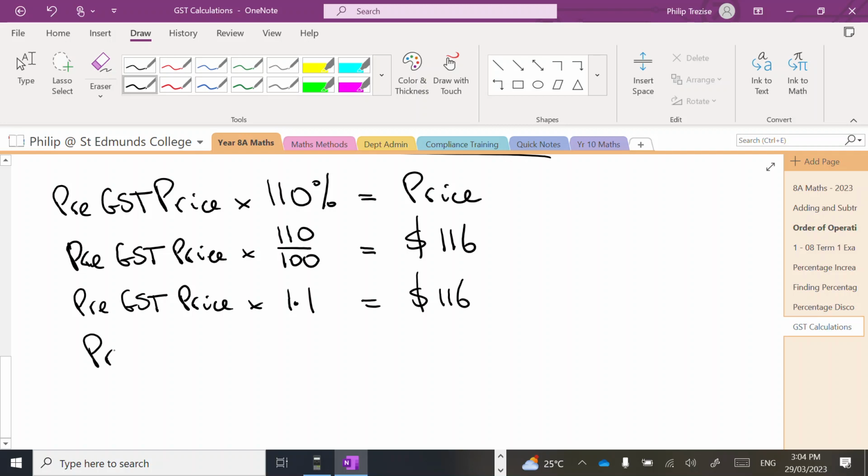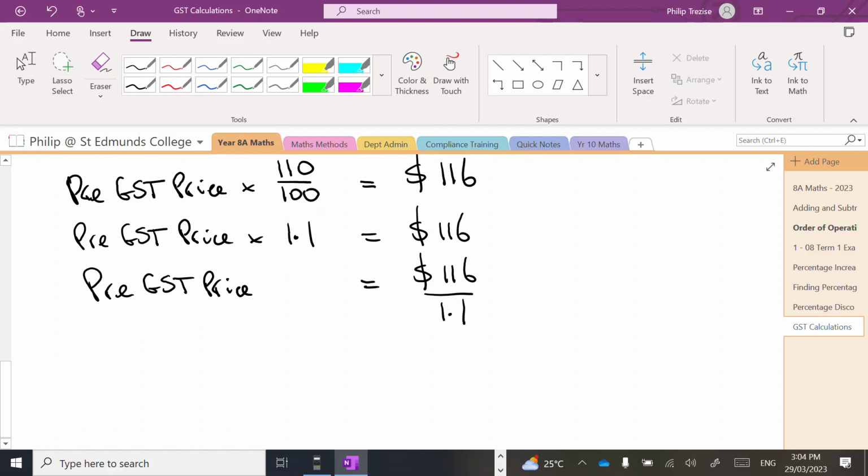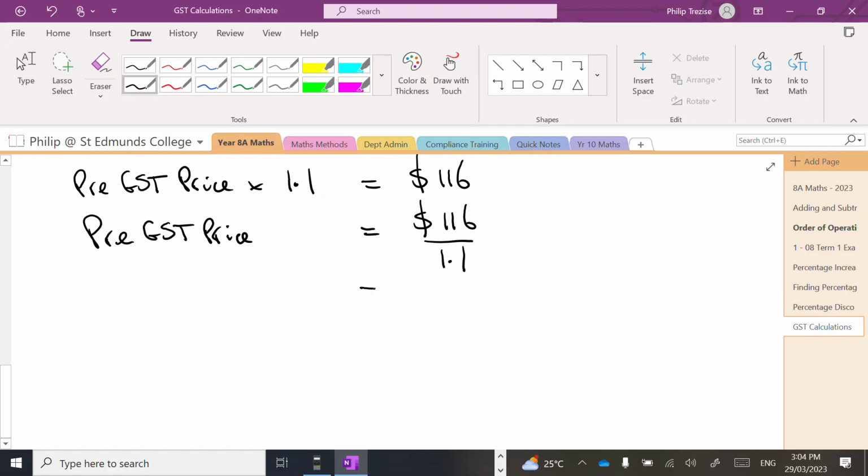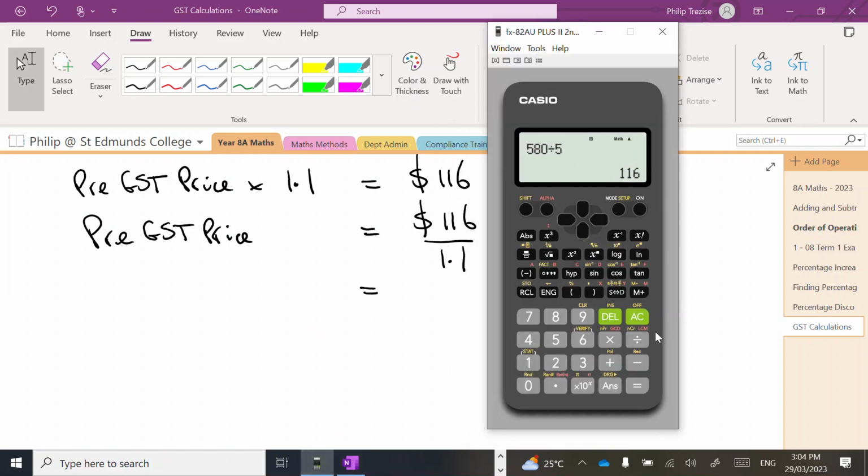And to find my answer, I divide by 1.1. The opposite of multiply by 1.1 is to divide by 1.1. Let's use the calculator. So I still have the answer there.